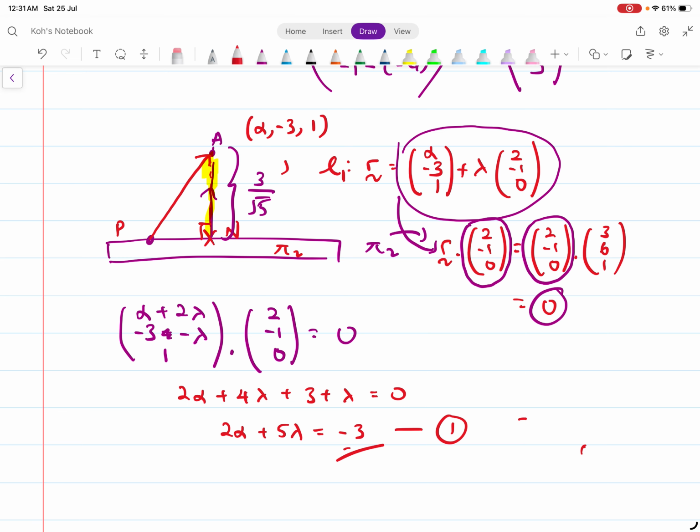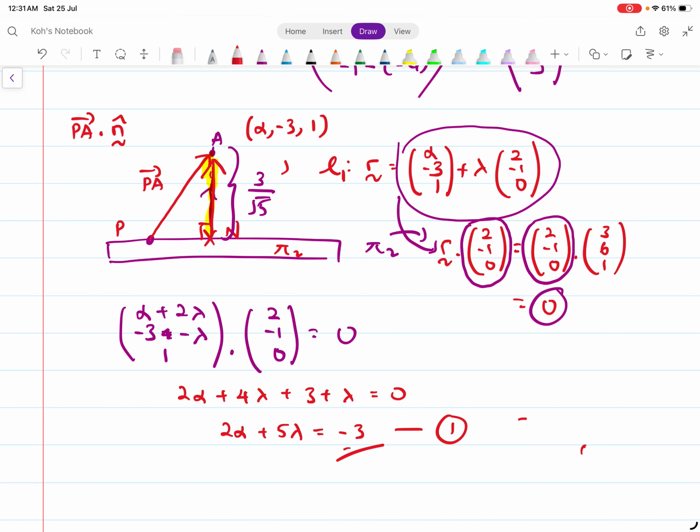So I simply use PA dot product with the n hat, because now this thing right here is the n hat, no longer the b hat, but it's the same idea. PA dot product with n hat will be the length of projection, which will give you 3 over root 5.